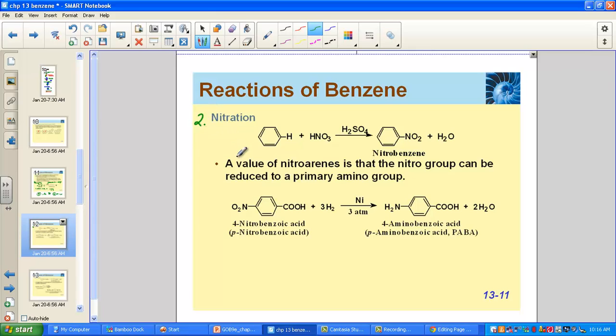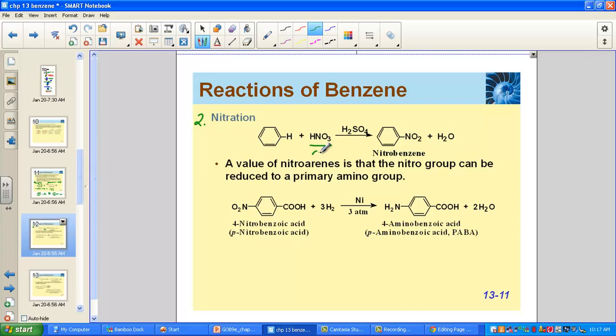Let's take a look at a second reaction of benzene called nitration, adding a nitro group, NO2. When we heat benzene or one of its derivatives with a mixture of concentrated nitric and sulfuric acid, a nitro group replaces one of the hydrogens bonded to the ring.